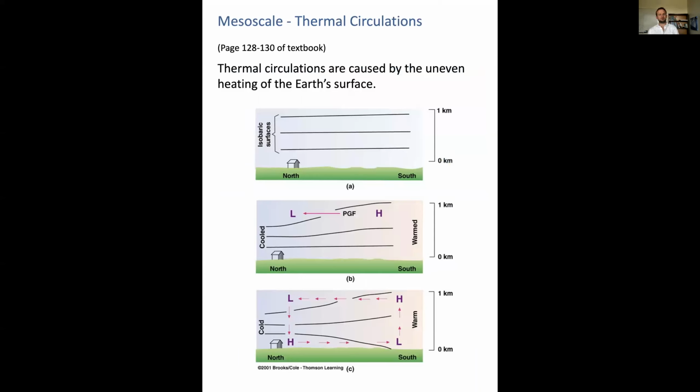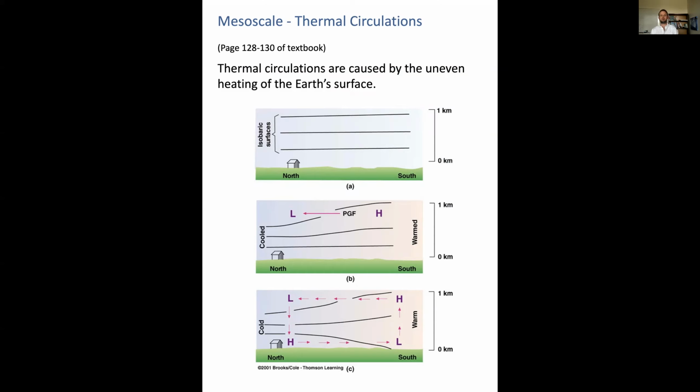Okay, let's move on to the mesoscale, which is this in-between scale between a micro scale, small scale, and a macro scale, the very large scale. Mesoscale is kind of like 1 to 50, 100 kilometer spatial scale. And one really clear example are these thermal circulations.